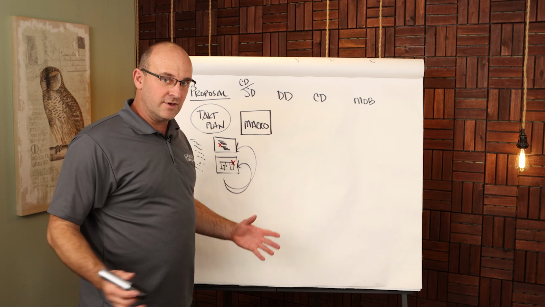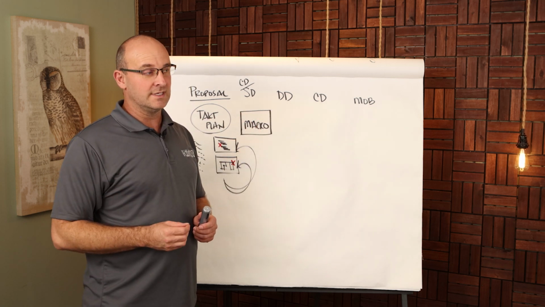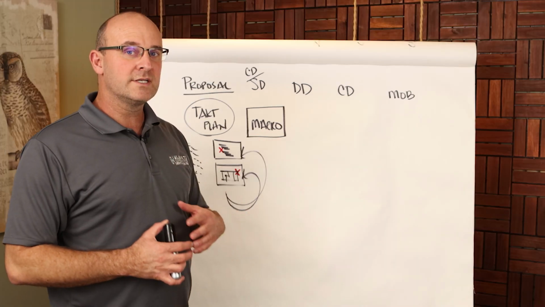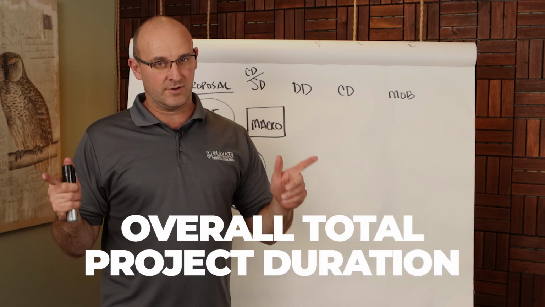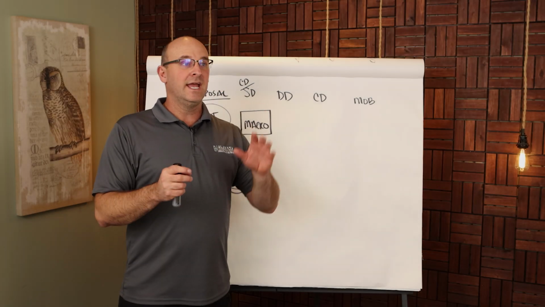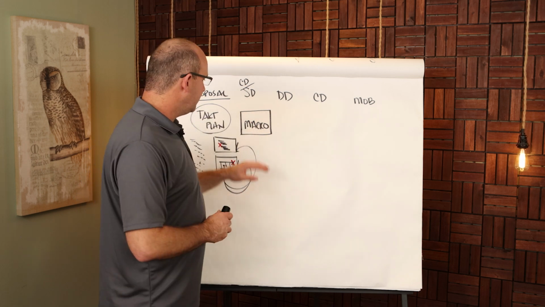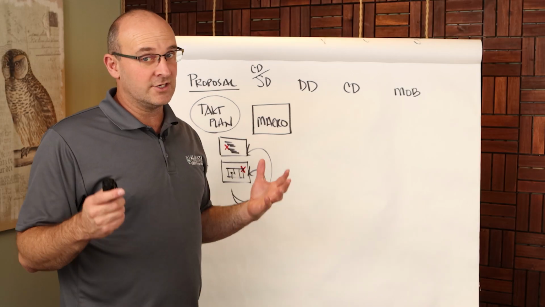It's going to be very high level. It is going to pull in historical production rates and wisdom from the team and from your trade partners. But what it's going to do mostly is show the overall total project duration, and if you have any buffers, and specifically how each phase ties together.